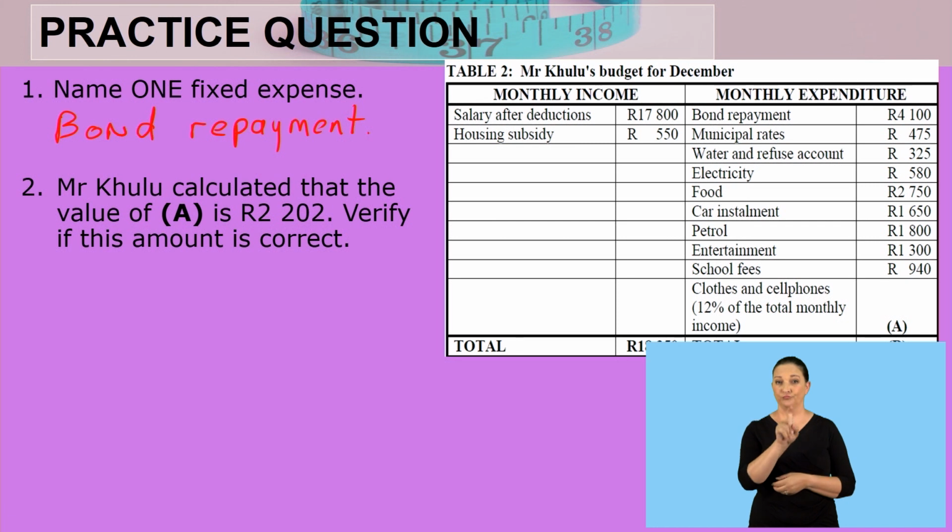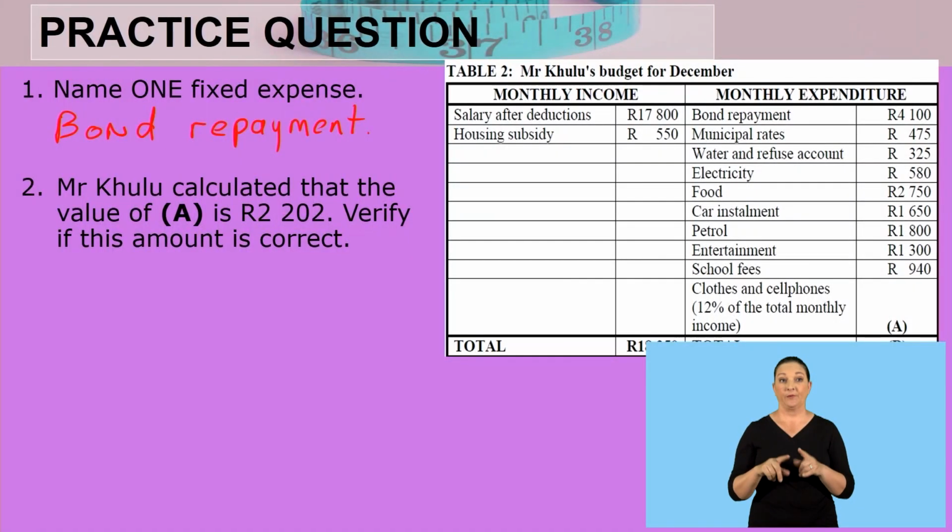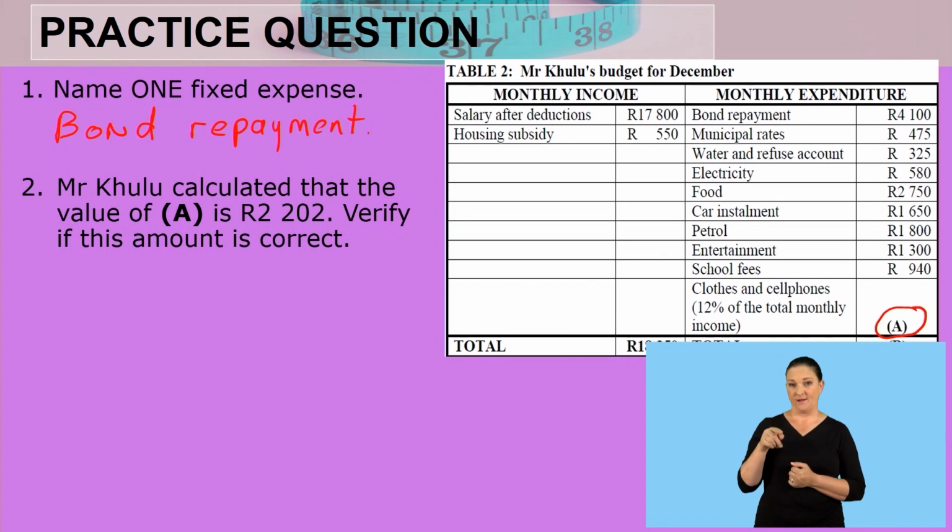Right, question 2. Mr. Kulu calculated that the value of A is 2,202 Rand. Verify if this amount is correct. So we've got to show that that amount is true, and we do that by calculation. Let's look at the table. A is here. It says that clothes and cell phones are 12% of the total monthly income. So in order to find A, I've got to find 12% of the total monthly income.